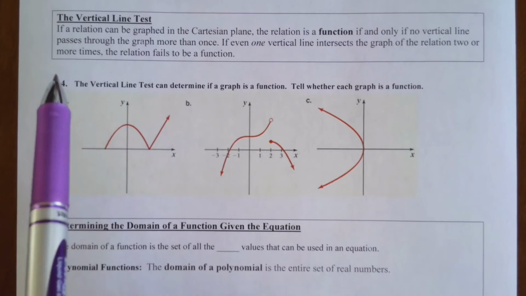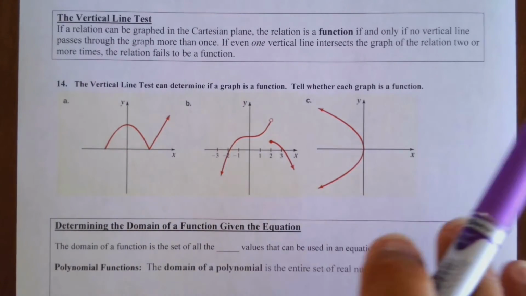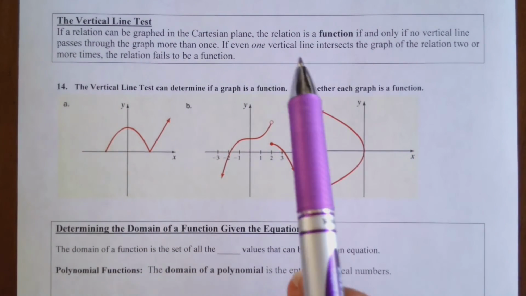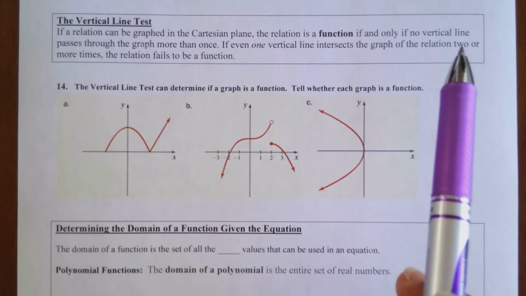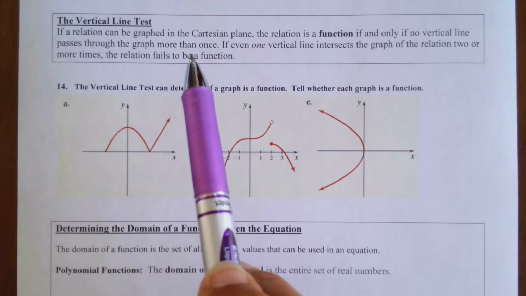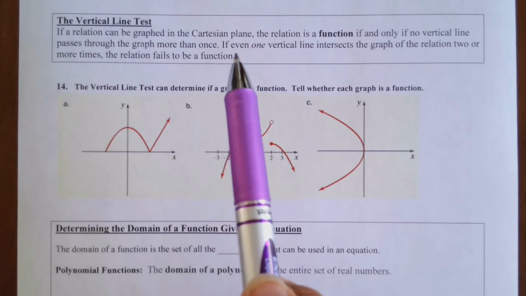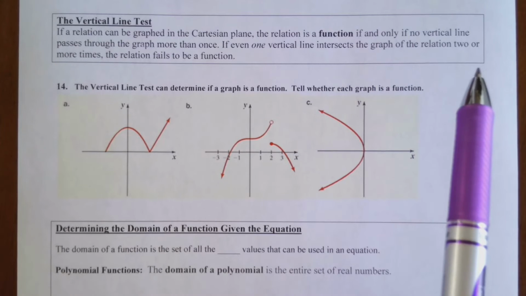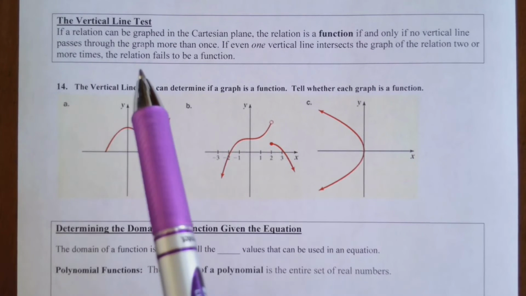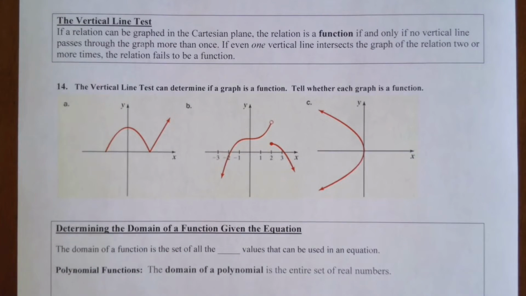Okay, so it says if a relation can be graphed in the Cartesian plane, it's going to be a function if and only if no vertical line passes through the graph more than once. If even one vertical line intersects the graph of the relation 2 or more times, then the relation fails to be a function.